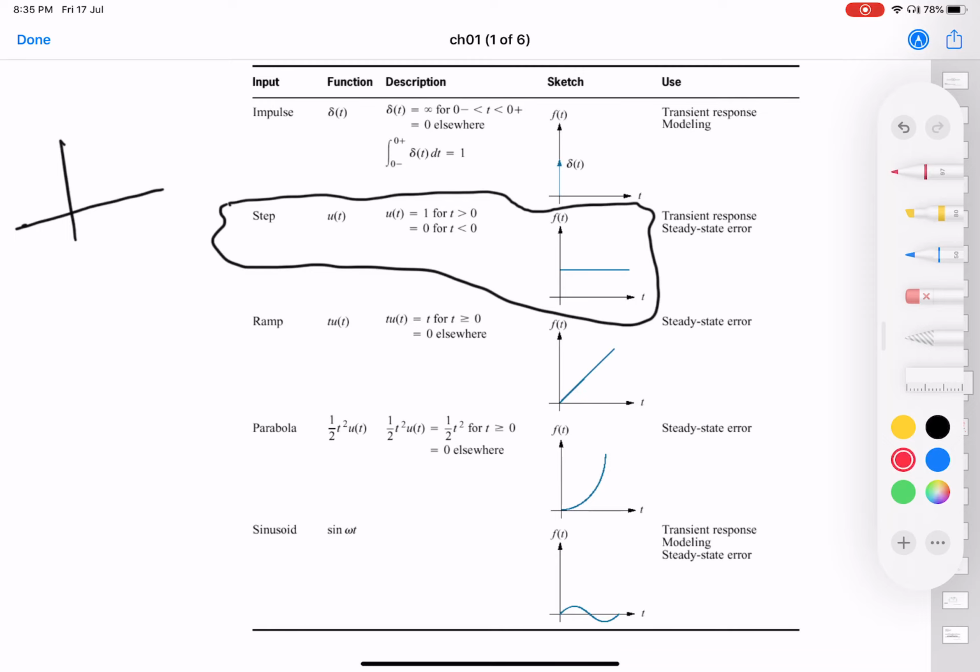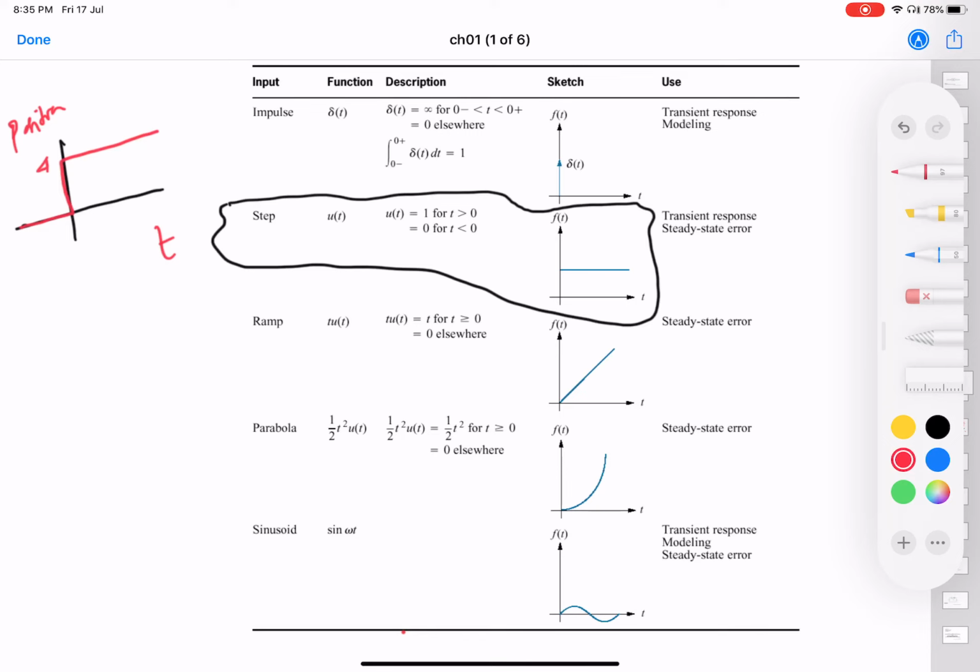So basically, at t equal to 0, this is your time and this is your position, elevator position. What you're basically doing is you're suddenly asking the elevator to take you to some particular floor. So floor number 4. So this is the step input, right?